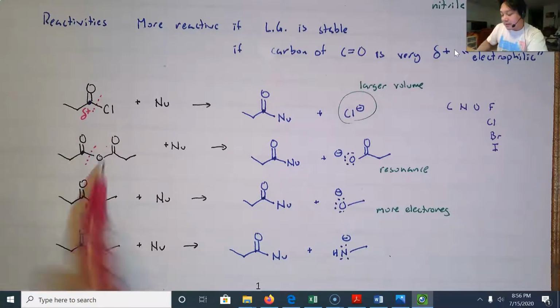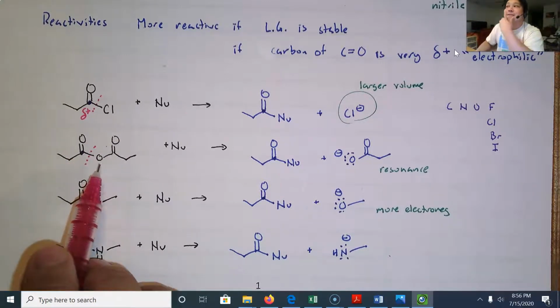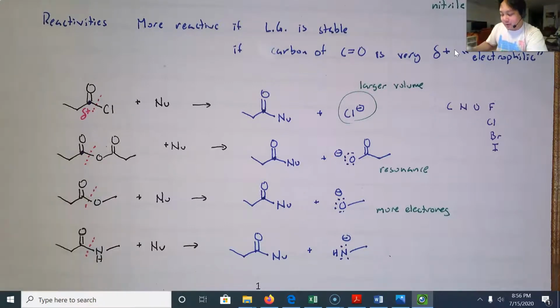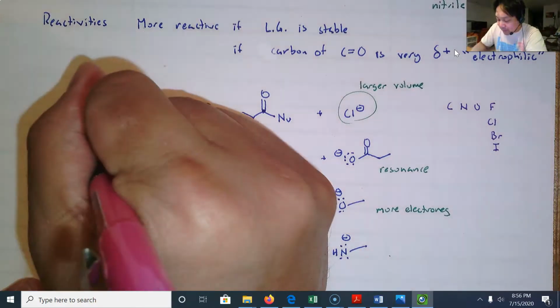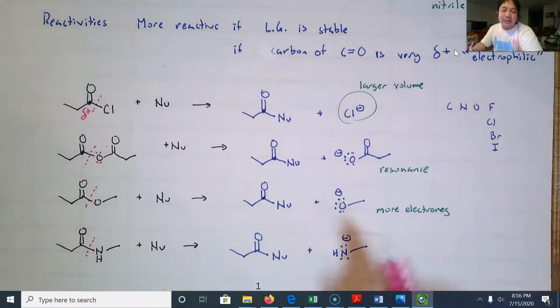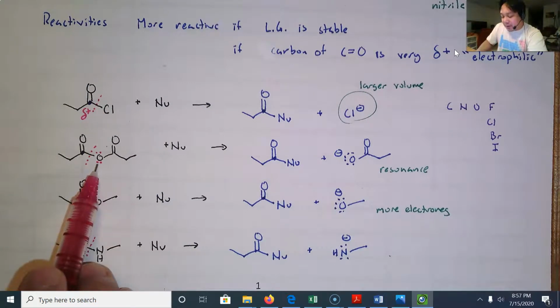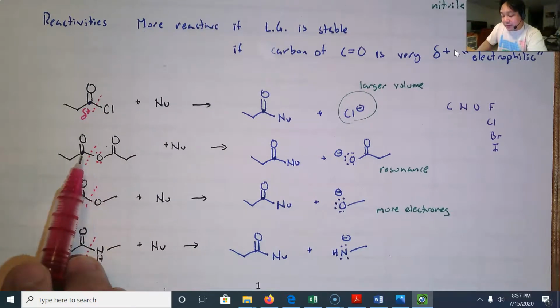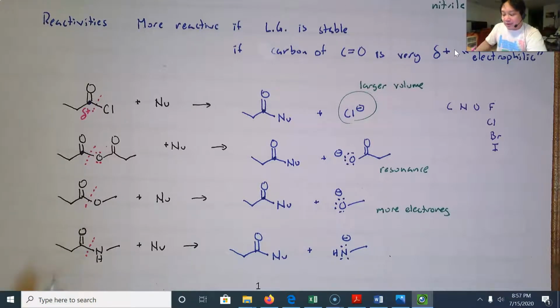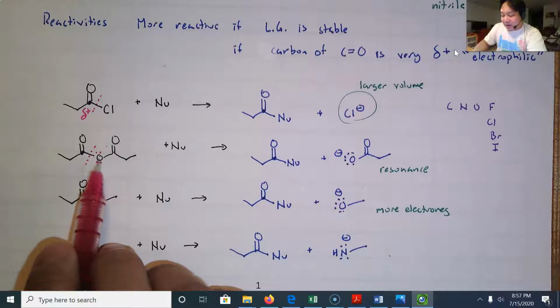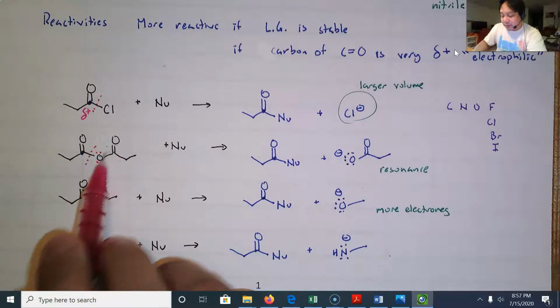So how come this doesn't do the same thing? There are two, again, maybe you might think this is a hand-wavy explanation, but these lone pairs can easily donate via resonance, thus reducing the charge on this carbon, or this oxygen is not as electronegative as chlorine because its electron density is being pulled towards this oxygen here.